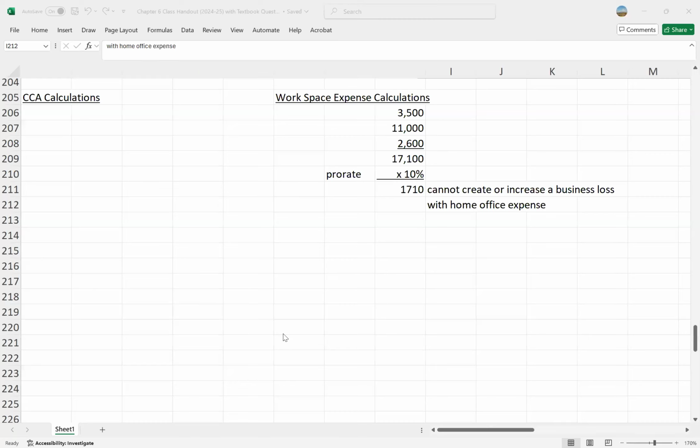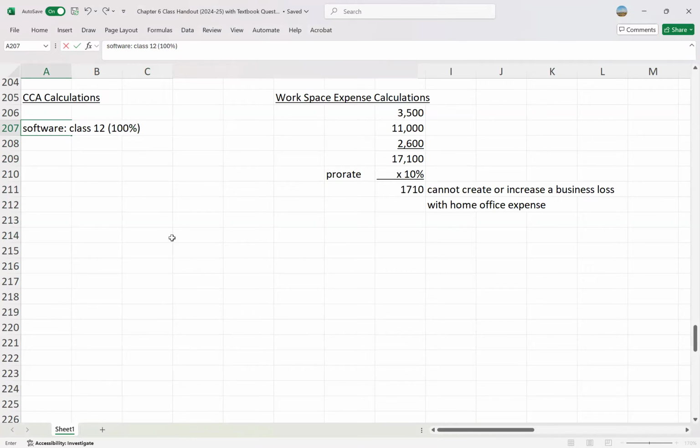So for these CCA calculations, let me just bring us back to the Excel spreadsheet. I'm not going to do full continuity calculations for the application software. So for the software, let's just do the calculation up here. We know it's going to go into class 12, which has 100%. But because it's application software, we know that the half-year rule applies. So the amount of the software was $300. The half-year rule applies, so we have 150.